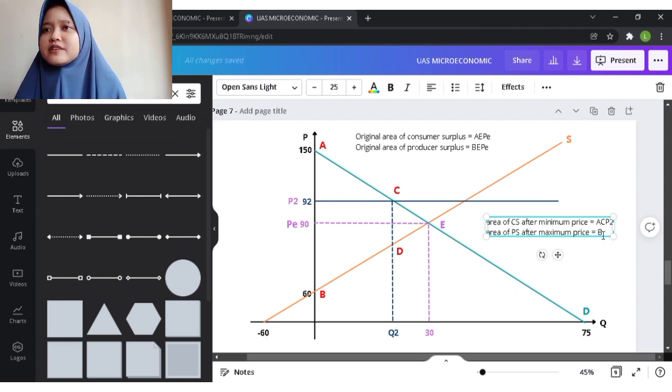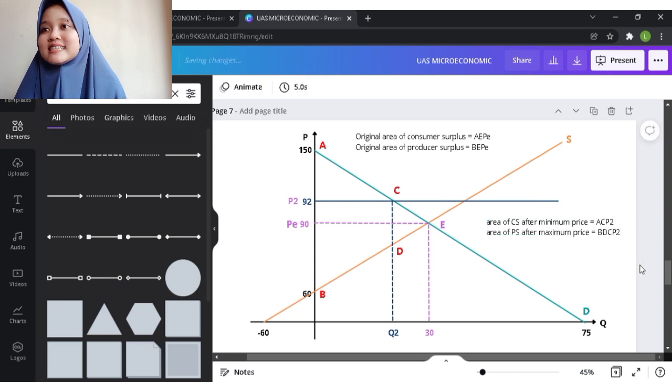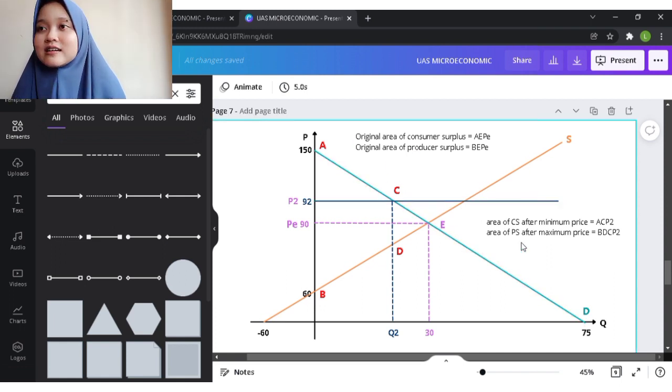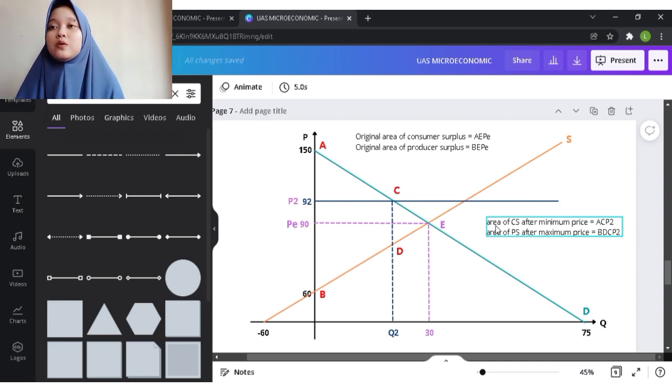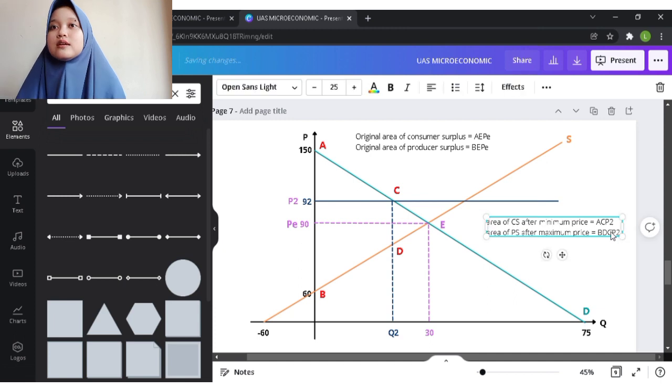Okay, so after this, we can decide where the dead weight loss is. What is ECD area? Of course, it's the dead weight loss. So what is dead weight loss? Dead weight loss is well-being lost, kesejahteraan yang hilang.